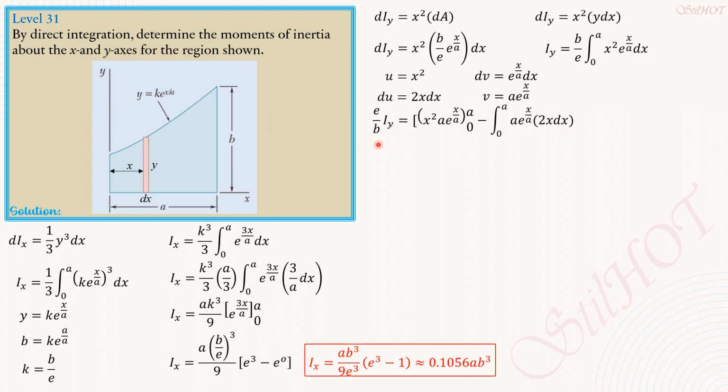So e over b Iy equals a squared times a, so a cubed times a e^(a/a), so e to the 1, or simply e. Then the lower limit is just 0, so a cubed e minus 2a integral of x e^(x/a) dx.